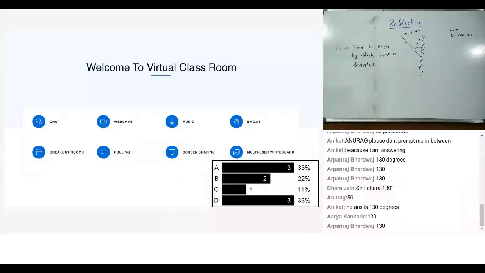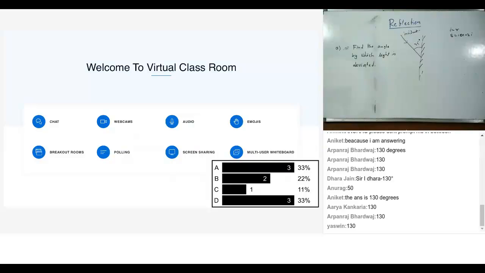Okay, 130, 130, 130. That's Arpan. Dhara, 130 degrees. Anurag, 50. Aniket 130. Arya 130. Arpan Raj 130. Yasmin 130. I want answers from Ainal. Ainal, what is the answer? Elena has not answered.